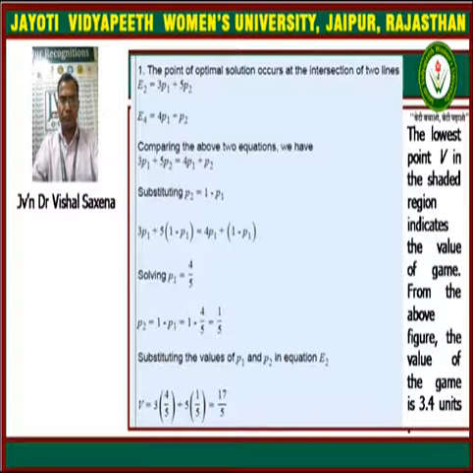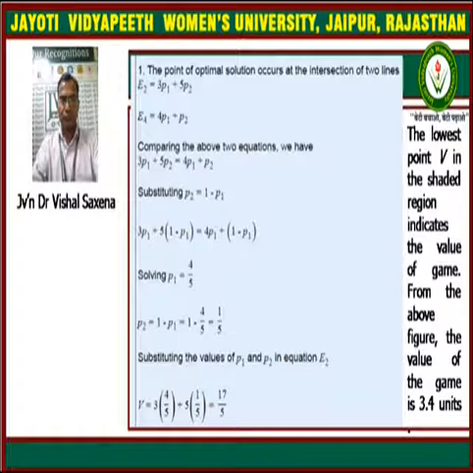Solving, we find the value of P1 as 4 upon 5, and P2 as 1 minus P1, which is 1 upon 5.